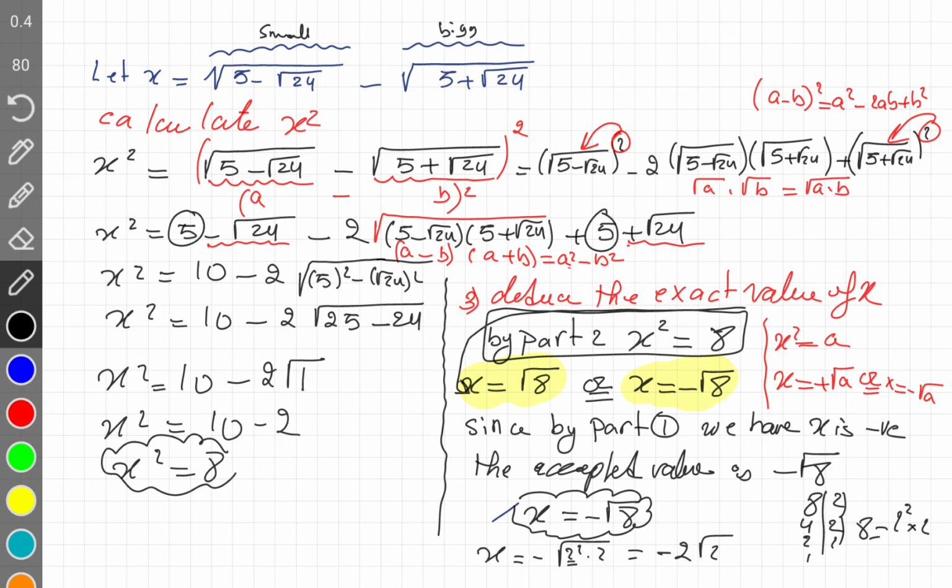We just have one possibility. So to obtain the exact possibility, we should study the sign of the given variable before we make a squaring for this expression or this variable.